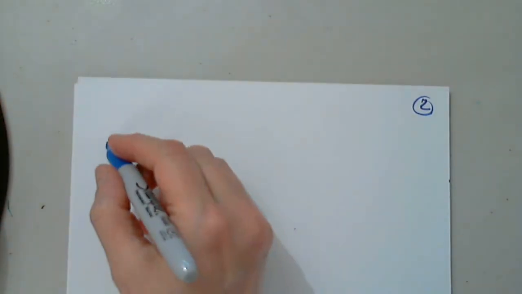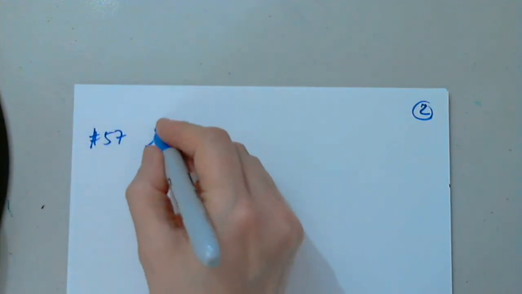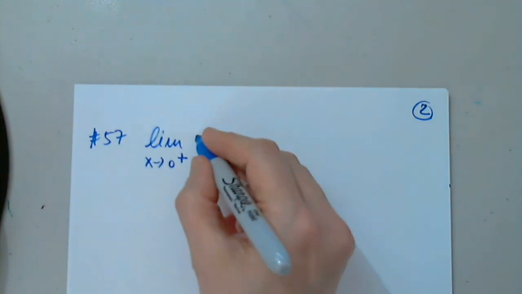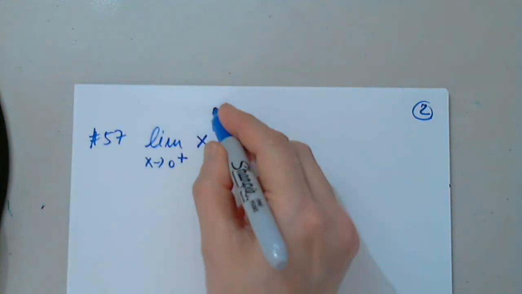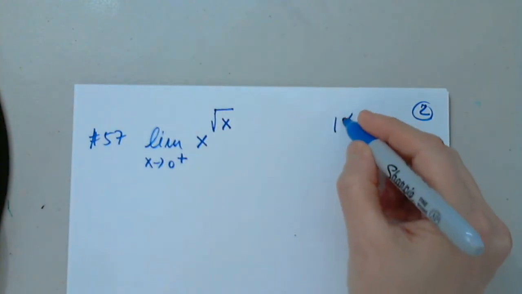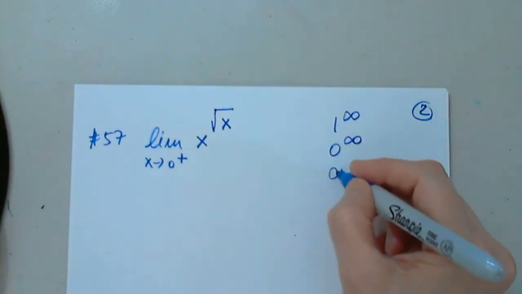Okay, here is one. The limit as x approaches 0 from the right of x raised to the square root of x. Let me refresh your memory. The three powers are 1 to infinity, 0 to infinity, and infinity to 0.